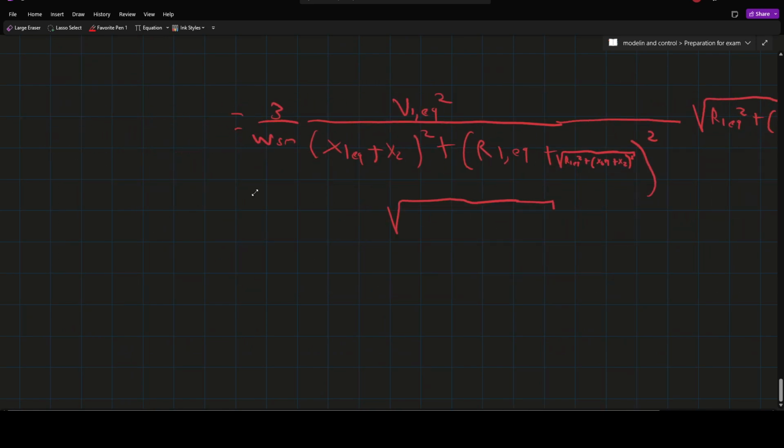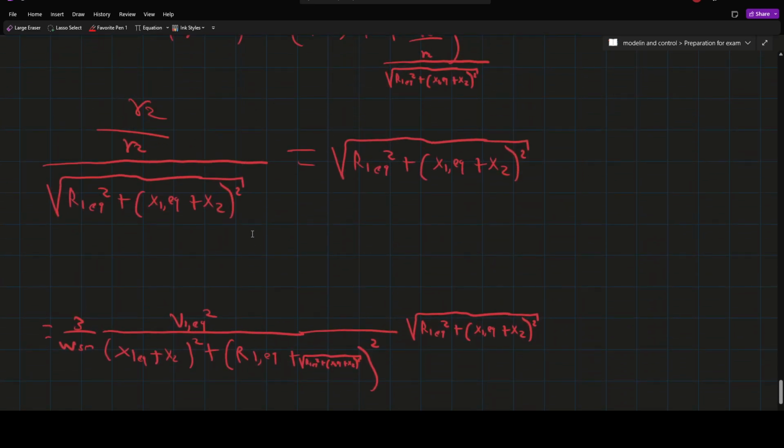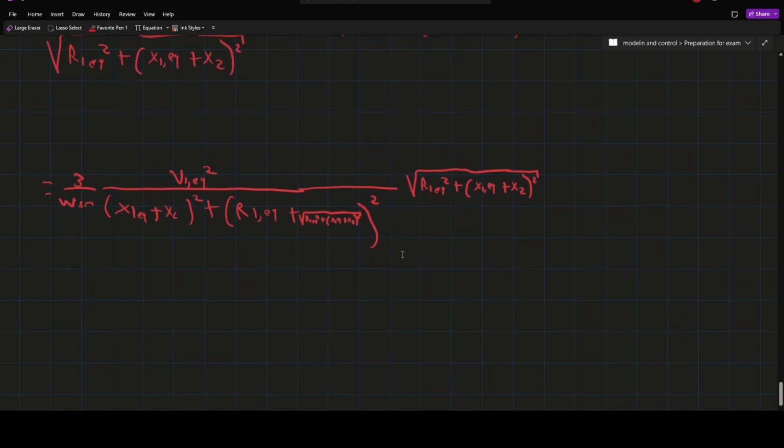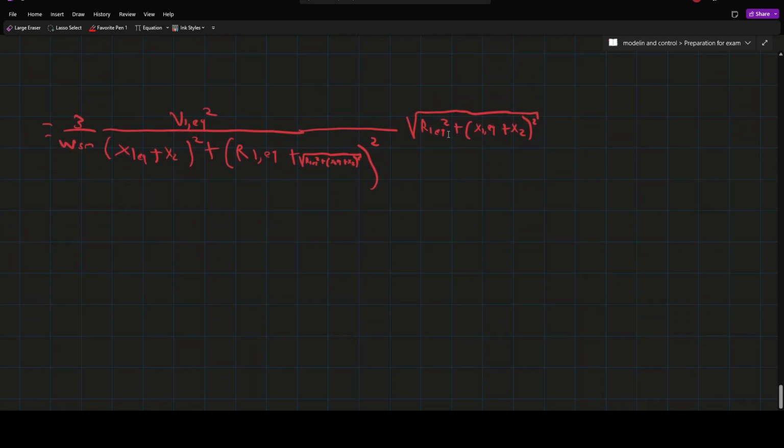And here we have it. Whenever we had this, now we have R squared. And now what can we do? We can collect this with this and put this on top.